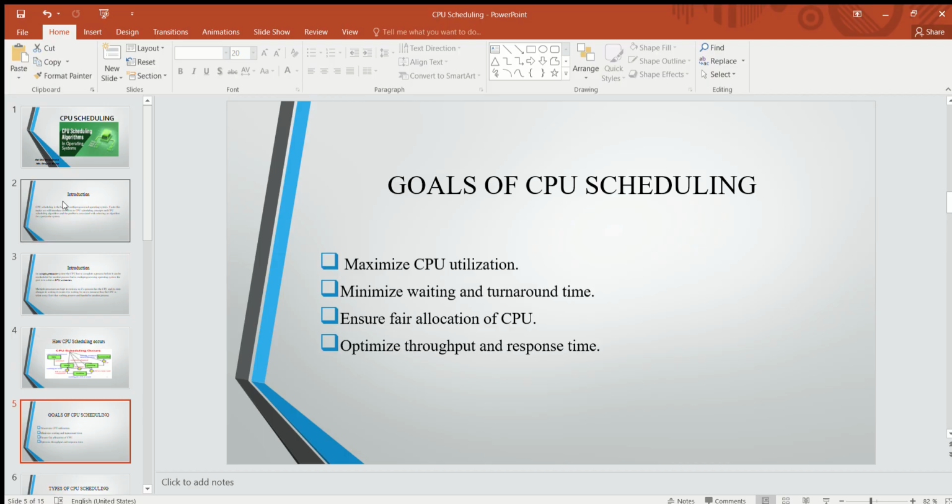So we try to minimize these times, and if we do, we are able to improve multi-programming in our systems, and it ensures the fair allocation of the CPU.